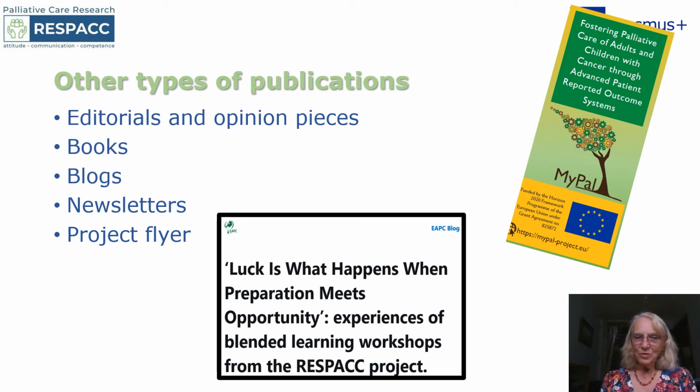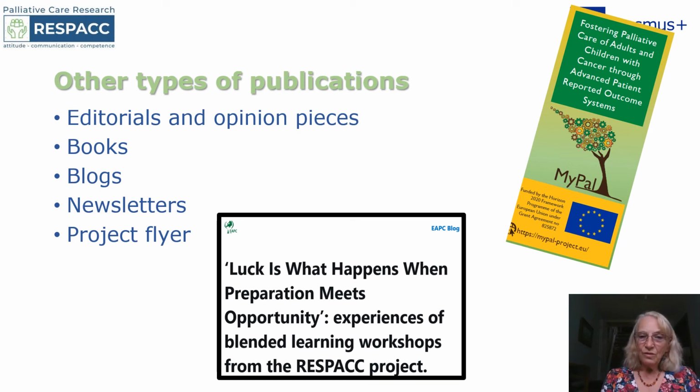Something that's much more immediate would be a blog. And this is just an example here of an EAPC blog. So in the RESPACC project, we've shared some of the learning of our project through blogs, which are quite short, written in an easy-to-read style, and available on the EAPC website for free.